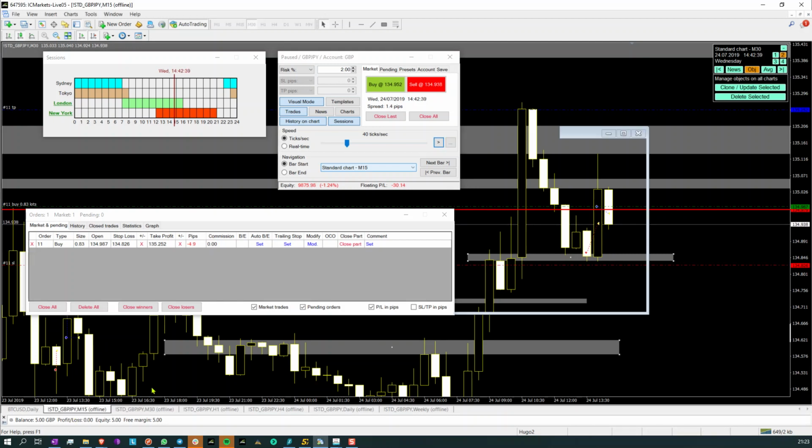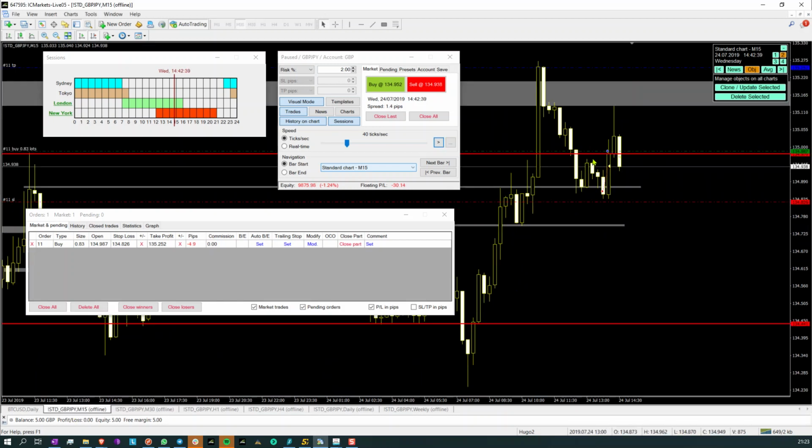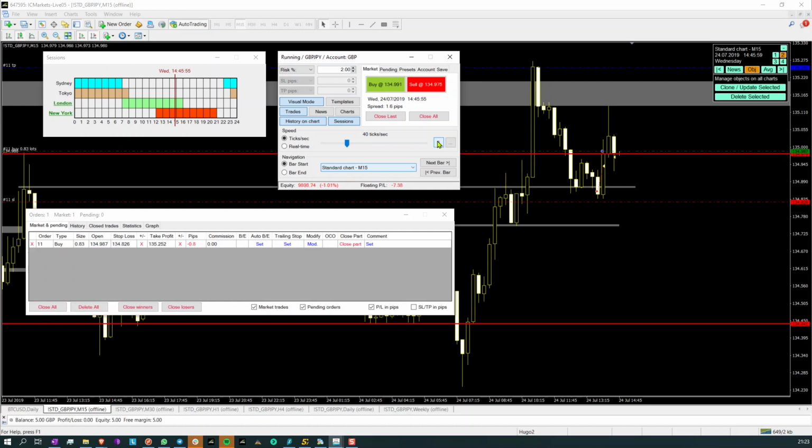We might see a rejection of this area here in M15. We might see. That doesn't mean we are going to see. Okay, M15 close rejecting that. Now I'm only taking the full TP.